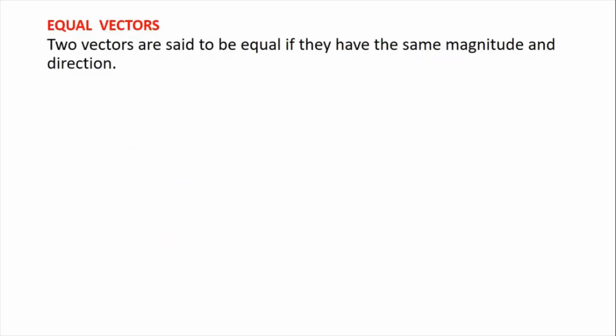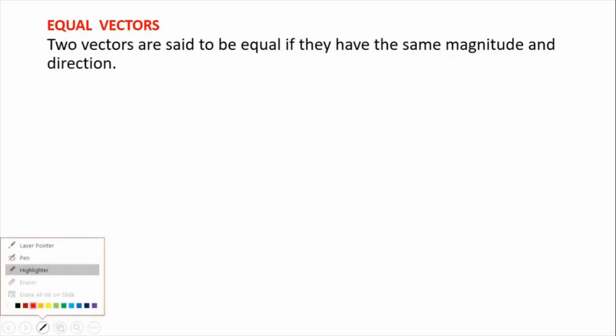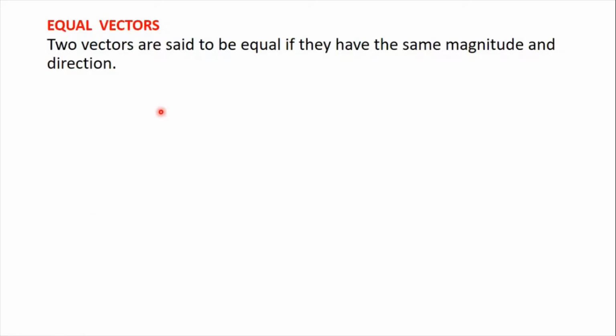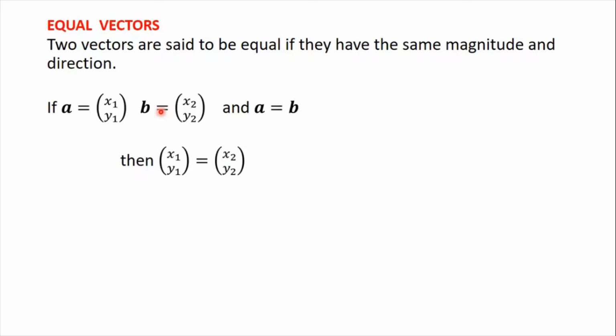What are equal vectors? Two vectors are said to be equal if they have the same magnitude and direction. So if vector A is given as x1, y1, and vector B is given as x2, y2, and vector A is equal to vector B, then (x1, y1) is equal to (x2, y2).